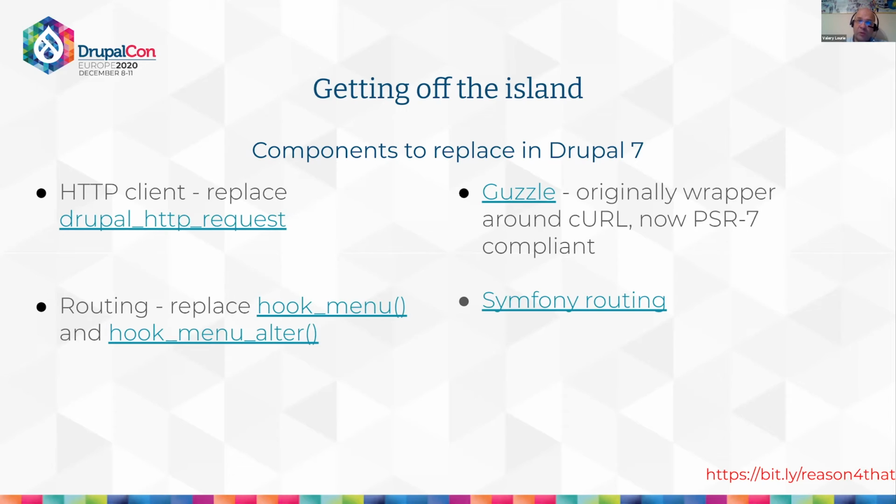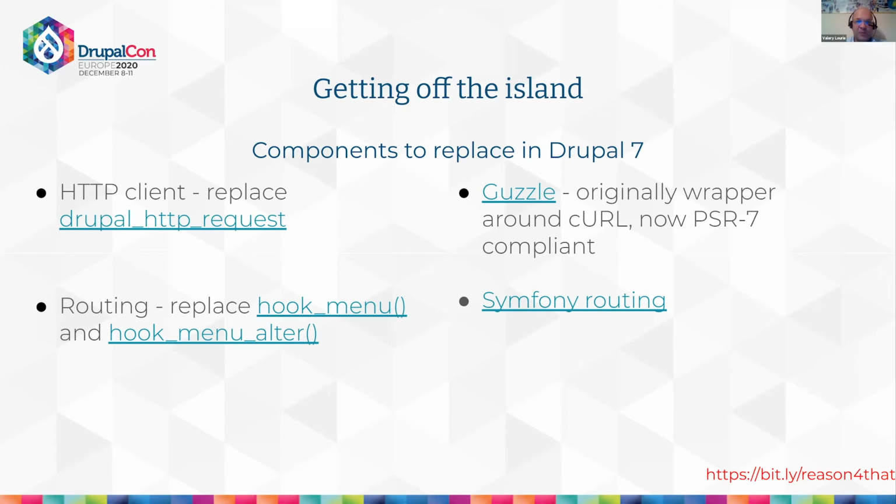The second component, or let's say set of components, was Symfony routing. And that was the beginning of Symfony coming to Drupal. So luckily for us, and one of the reasons that Symfony routing was chosen, it also has HTTP request and response components.